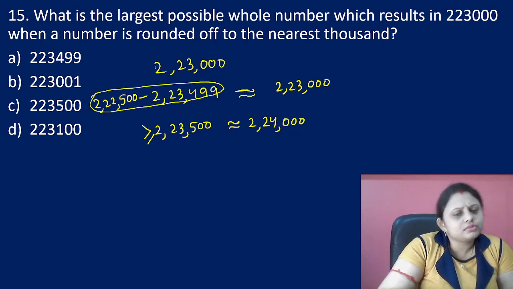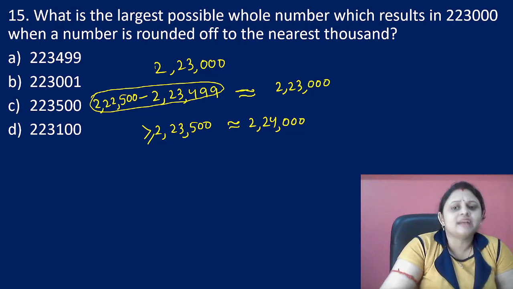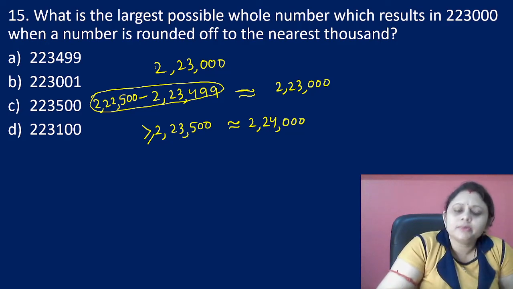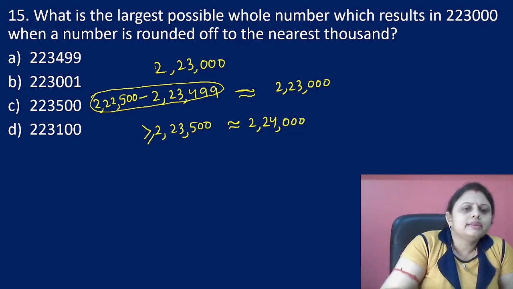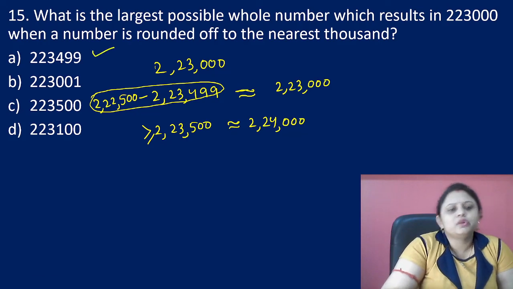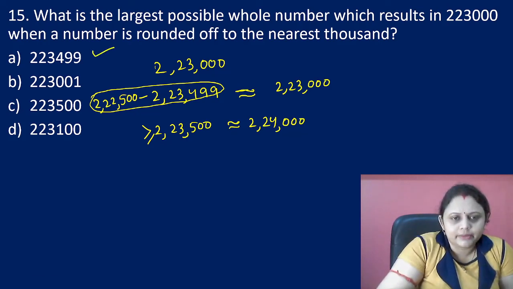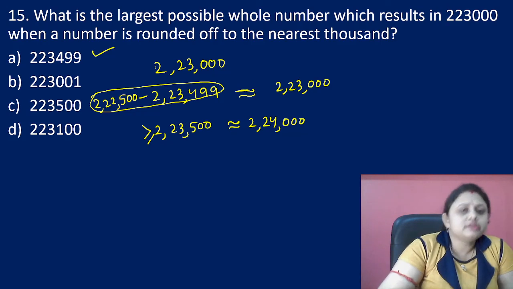Whatever value comes under this range will be categorized as 2,23,000 as the nearest thousand. So among these numbers, which number is present here? The number present is 2,23,499.